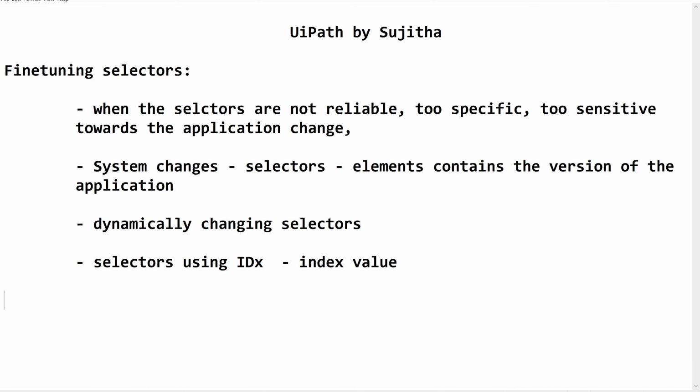Now let us see the best approaches to fine tune selectors. There are three unique approaches to avoid these situations. Let us go through them one by one in detail.